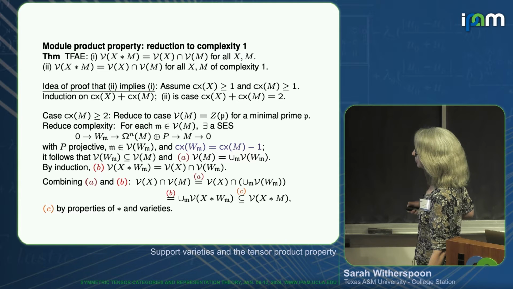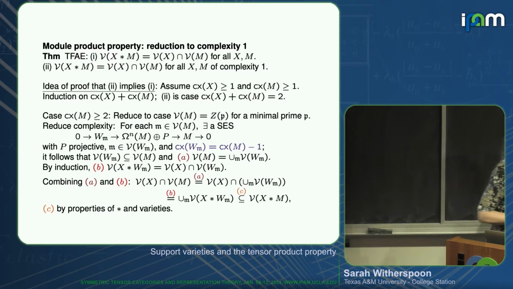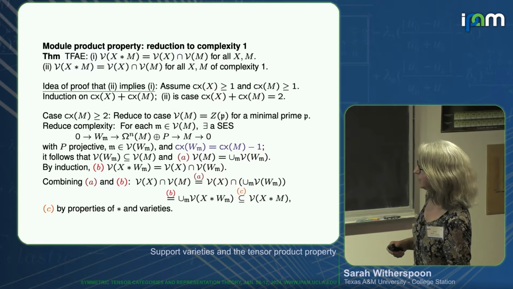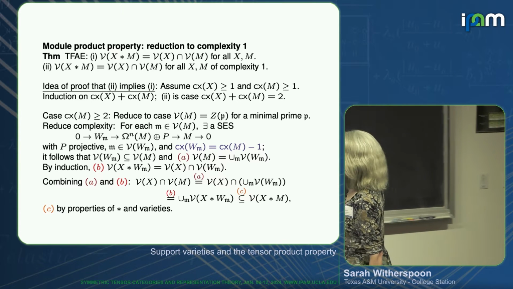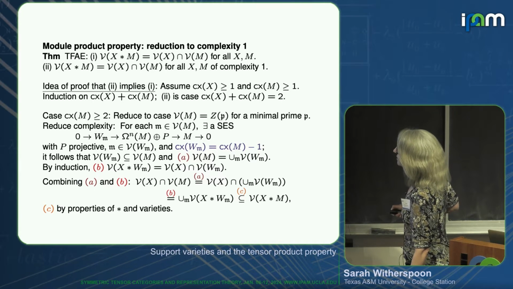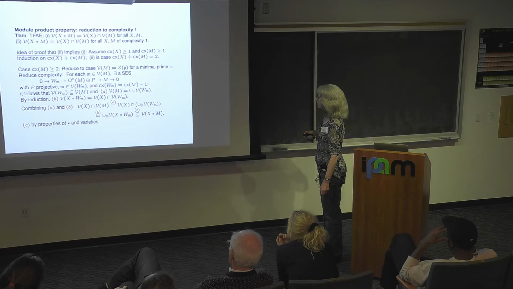It turns out that for each maximal ideal in the variety of this object M, there's a short exact sequence with M on the right and an object W sub 𝔪. Here 𝔪 is the maximal ideal and the object is capital M; I can't remember why we didn't worry more about the notation, sorry about that. So W sub 𝔪 maps to, this is the shift operator applied to M n times.